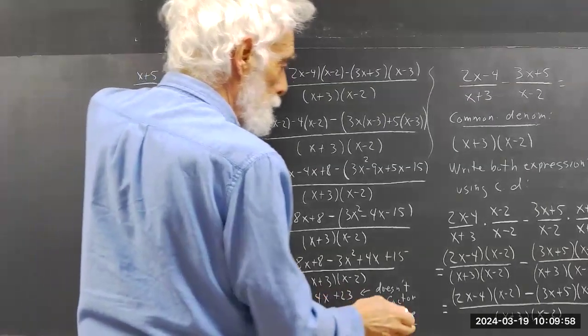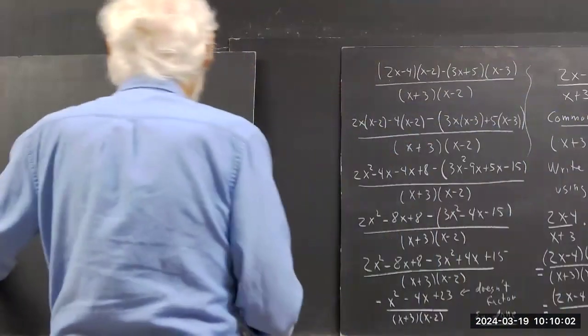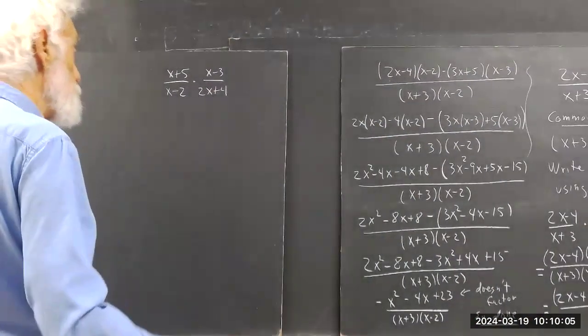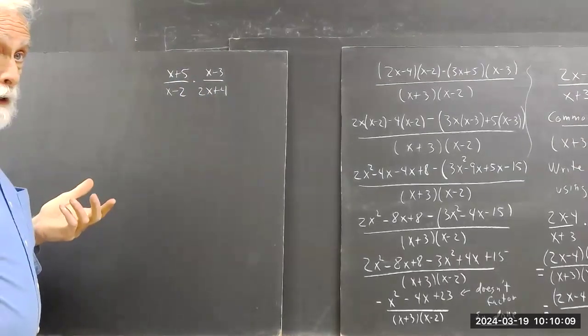And this one turns out to be the simplest, because all we have to do to multiply these is multiply the numerators and multiply the denominators.